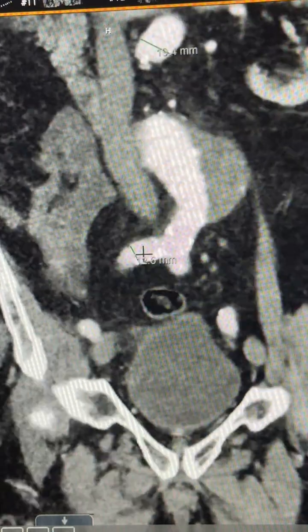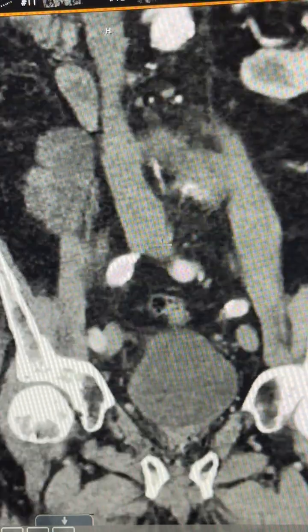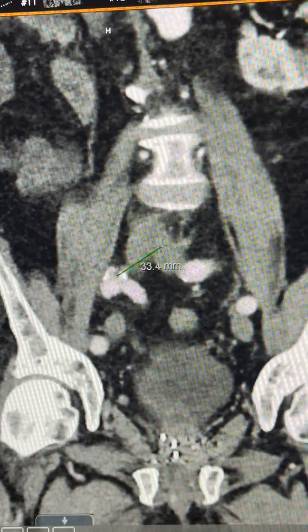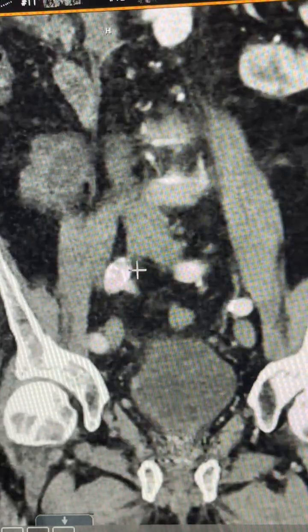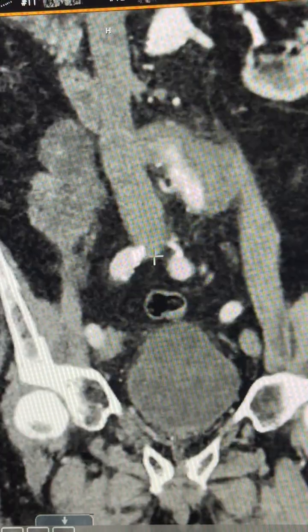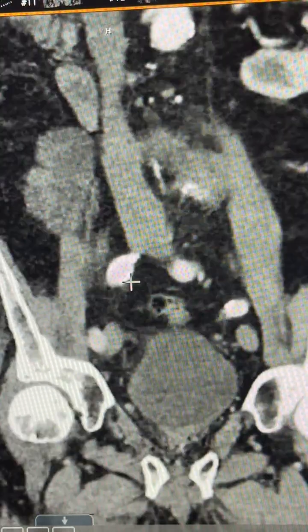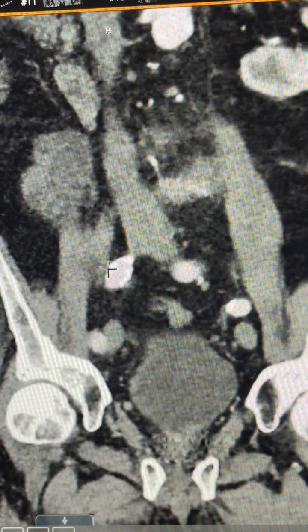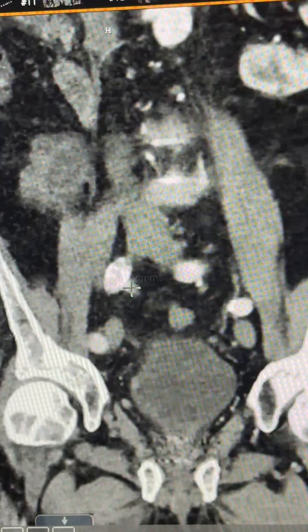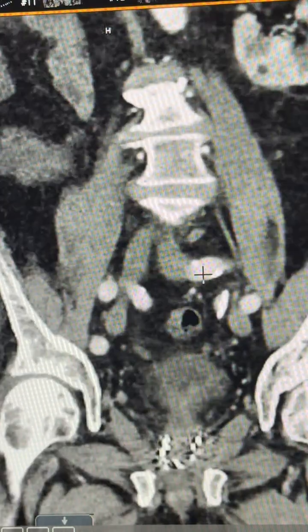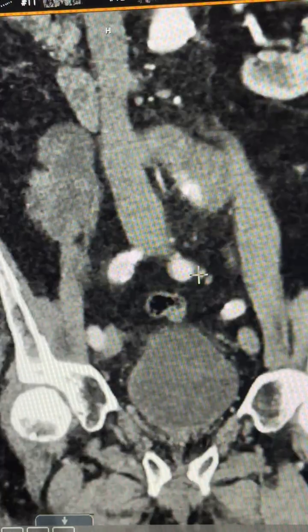So we're looking at about a 38 millimeter, and that's with no curve, and there is a little curve on the right common iliac, and we can seal with probably a 13 or 14 limb, or maybe even a 16 limb could go into that.